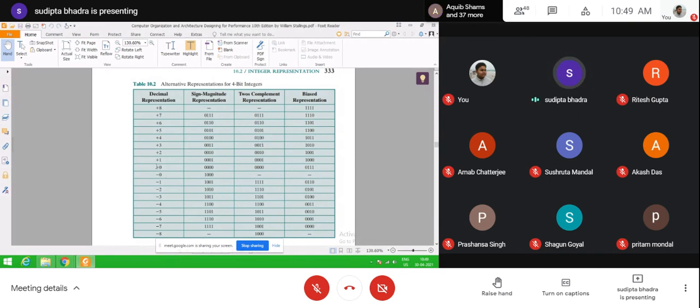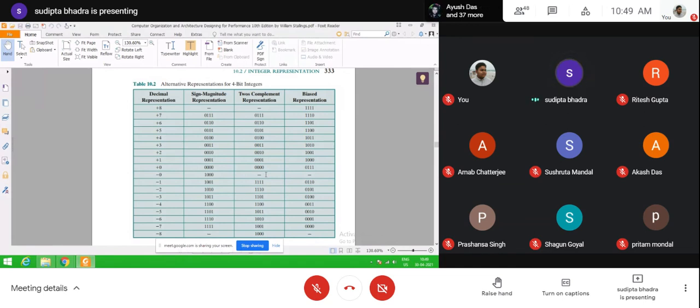Now in case of plus 0, the sign magnitude representation is 4 times 0. In 2's complement that is also 4 times 0. But for minus 0, the sign magnitude representation is 1 then 3 zeros, but in 2's complement it doesn't represent minus 0.